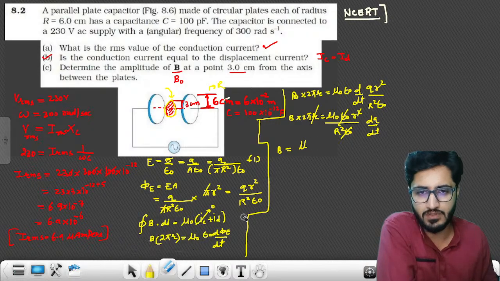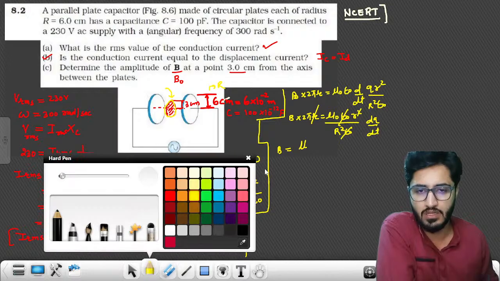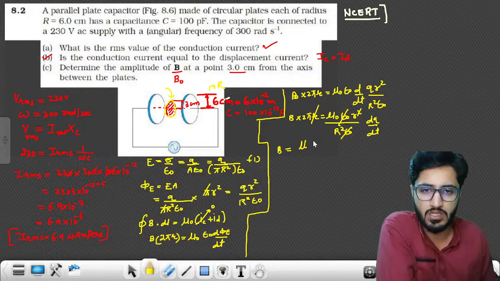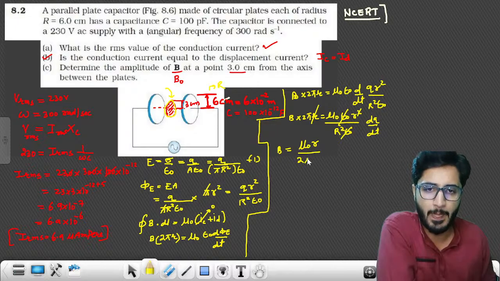Then we are having mu naught r whole divided by 2 pi r square into I. What is I?